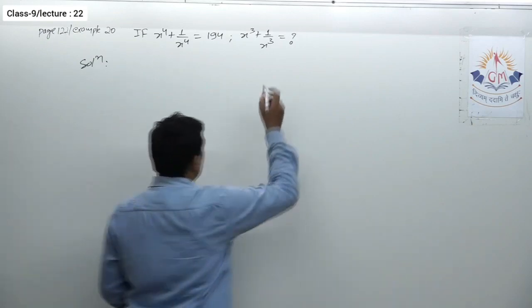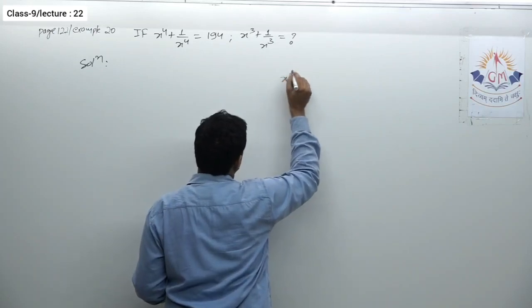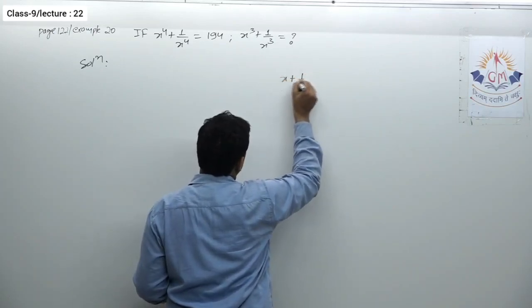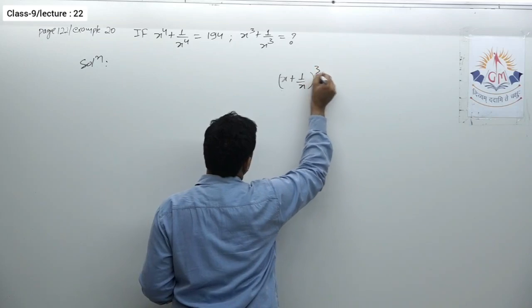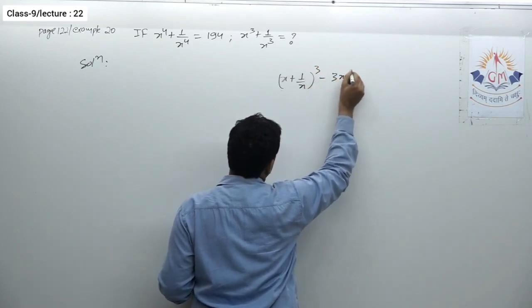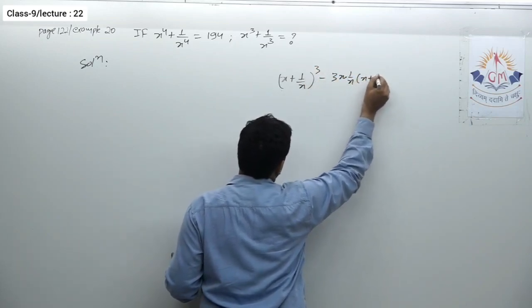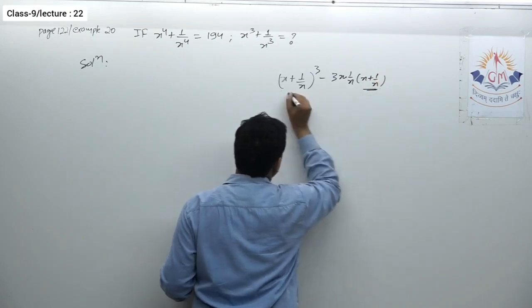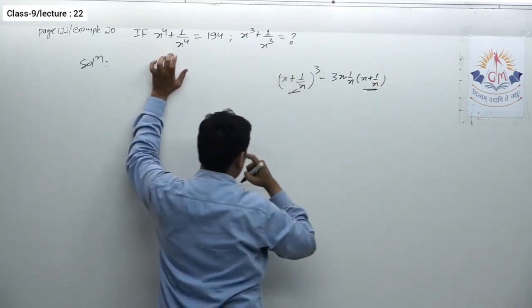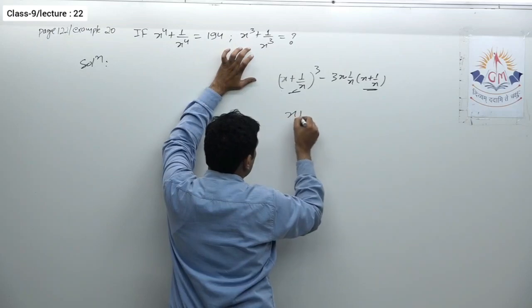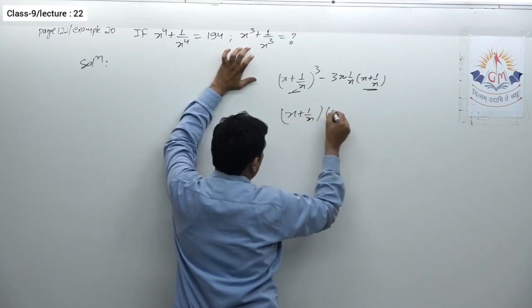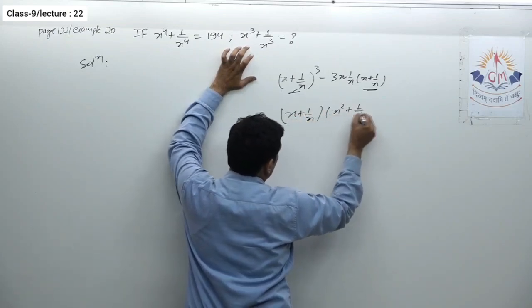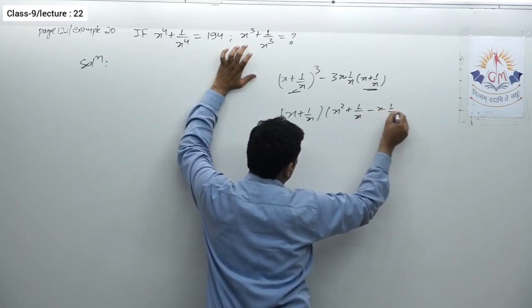Okay, again I'll see this: a cube plus b cube is equal to a plus b whole cube minus 3ab into a plus b. That means I need this to get this, or another identity is again x square plus 1 upon x square minus x into 1 upon x.